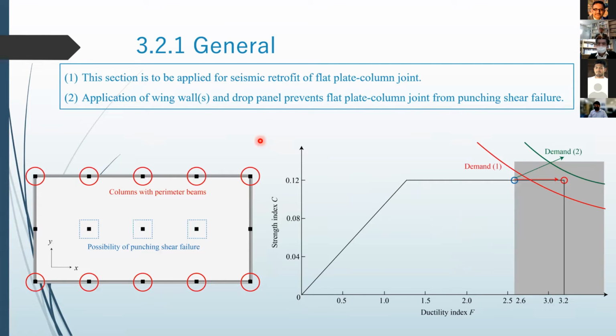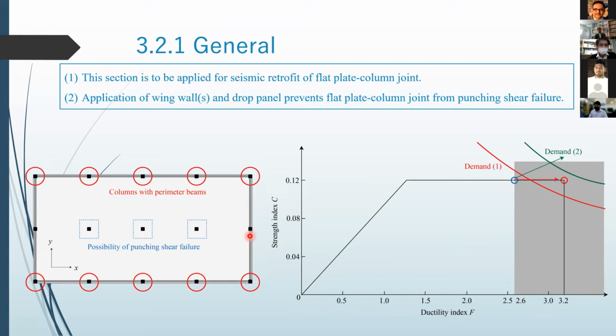Before talking about retrofit, let me briefly review the seismic evaluation of flat plate structure. This is again a floor plan of a flat plate structure. It has beams on its perimeter. For loading in the X direction, we can consider only these columns shown in red circles because they are connected to beams in the X direction.